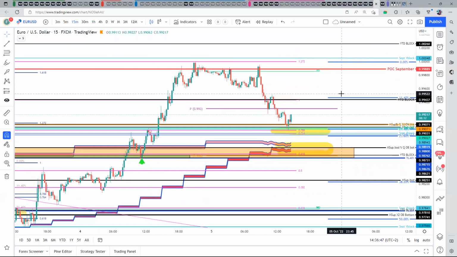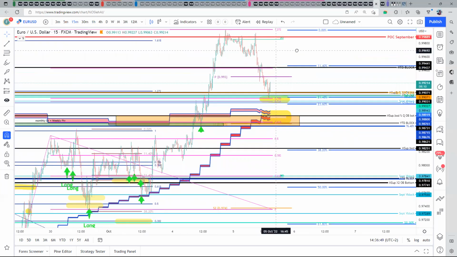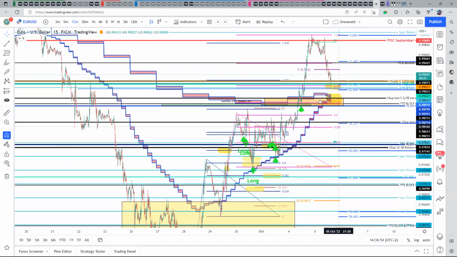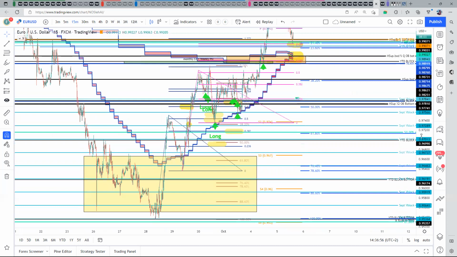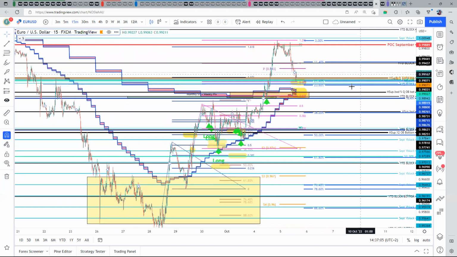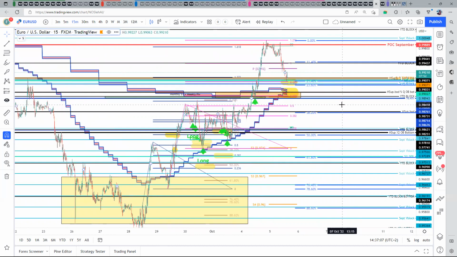So this move up or down, depending if we speak about DXY. This chart is my work chart, so it's a little bit crowded. But the fib I'm speaking about is from this low to this high. It's in blue here, and that's the fib measuring the last bounce swing, I would say.